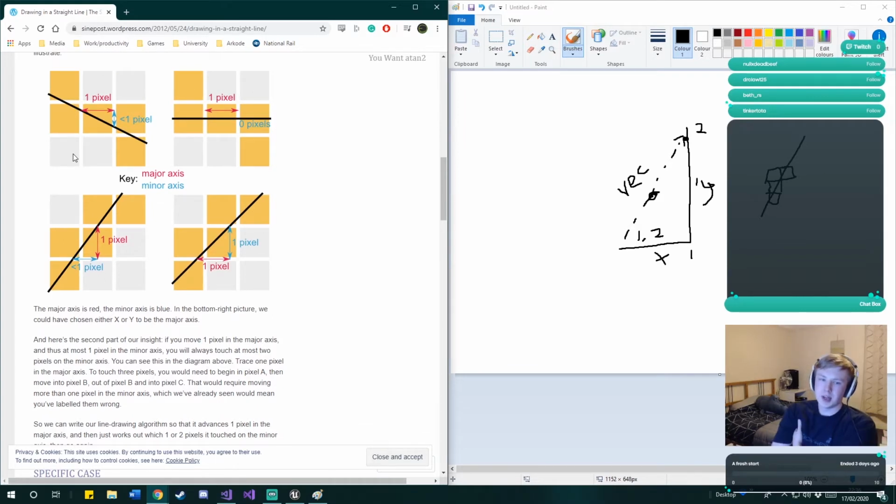I think I understand what it's getting at, but I'm not entirely sure. So I think what it's saying is, basically, based on the gradient, we need to decide what increment we're jumping up in ones in. What axis we're jumping up in ones in. So my understanding is, in this instance, we're jumping up.